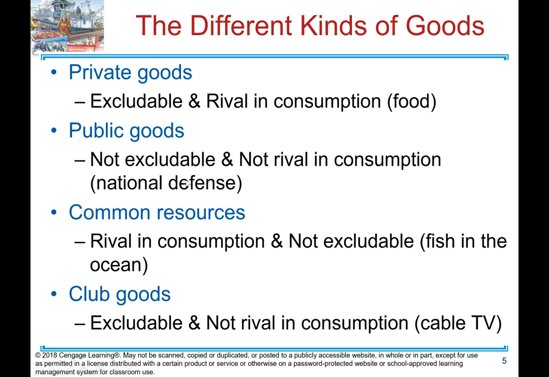National defense is an example of a public good. Common resources are rival in consumption, but not excludable. Fish in the ocean is an example of a common resource. Club goods are excludable, but not rival in consumption. An example would be cable TV.